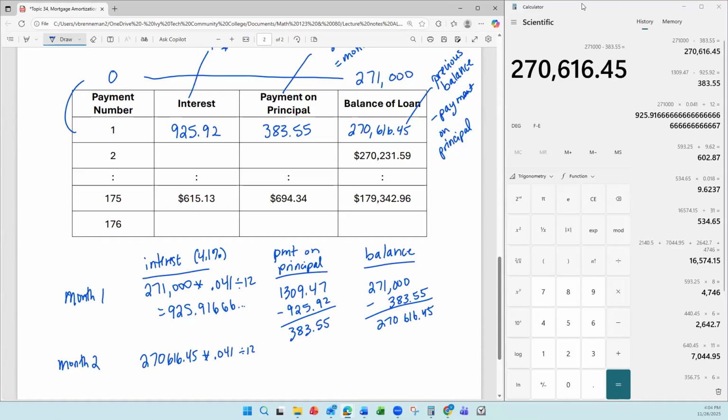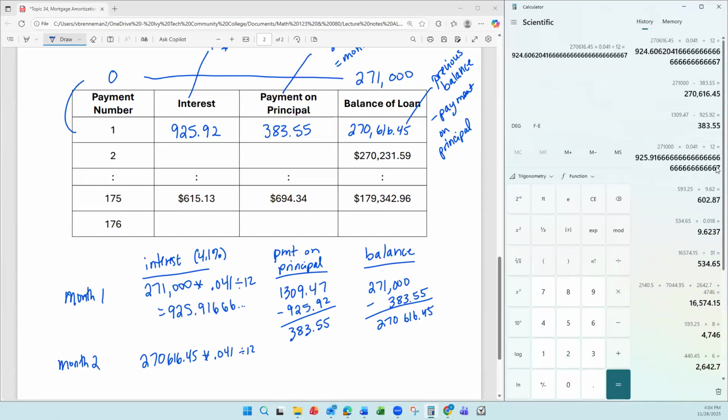Just always do the 0.041 divided by 12. So 270,616.45 times 0.041 divided by 12 comes out a little bit smaller than the previous, 924.60, etc.